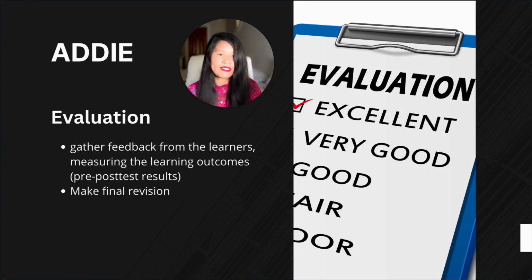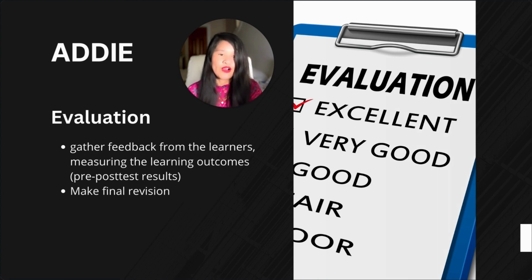Basically, the goal of this phase is to assess the effectiveness of the e-learning module. So it means that we will gather all the feedback that we have from the learners, and then we would also measure the results of the post-test and pre-test and do some review of item analysis. The purpose of item analysis is to look at the quality of questions, whether they are good questions or bad questions.